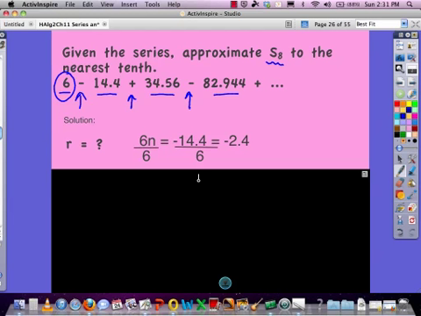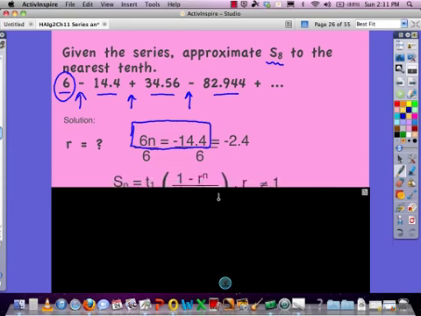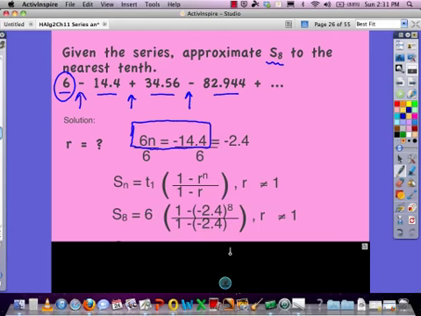If you just look at that, that's an easy way to set up and find that common ratio. And so we would divide both sides by 6. In doing so, we get an r value of negative 2.4. Once we have our first term and our r value, we can plug things right into that formula.